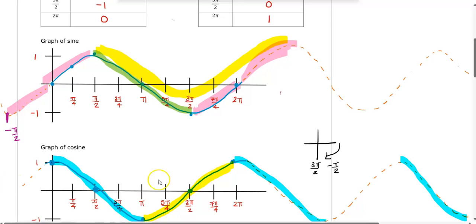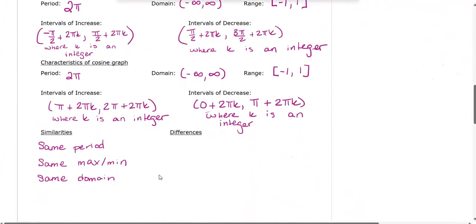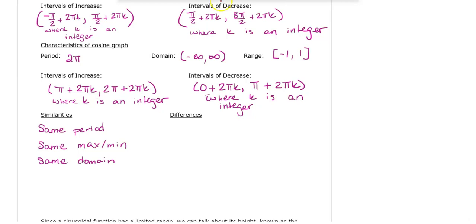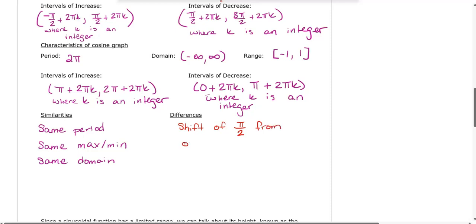So that's what you're looking at here for the differences: a shift of pi over 2 from one to the other.